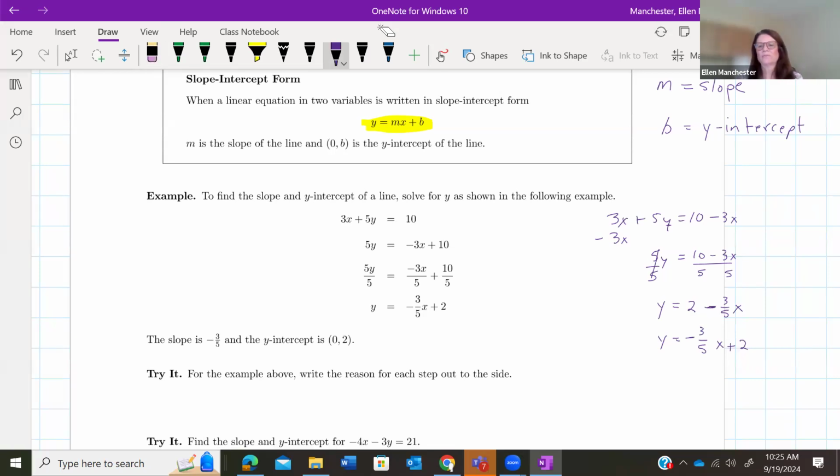So because this value is next to my x, that's my slope, 3/5. And then the y-intercept is +2, or the point (0, 2).